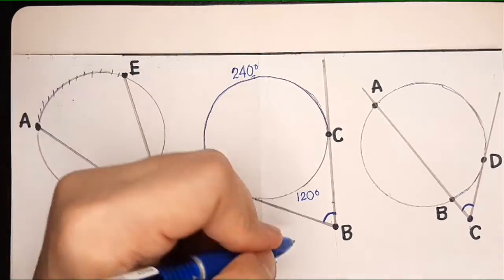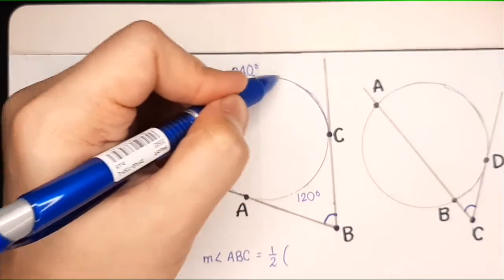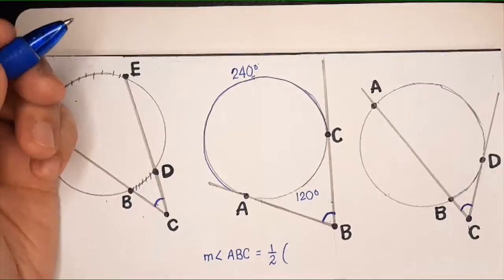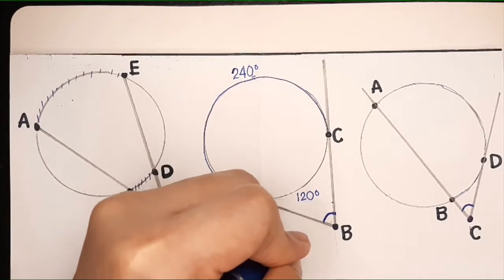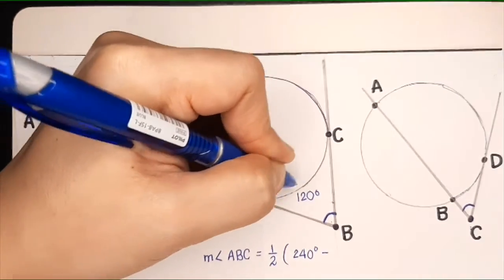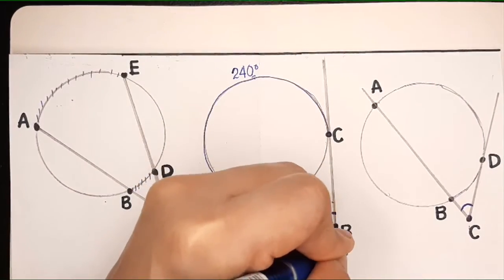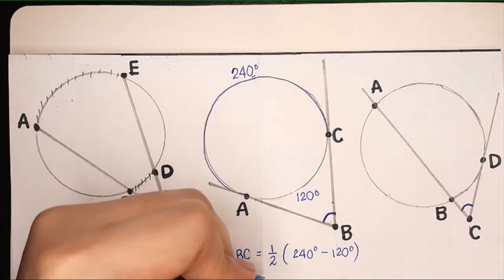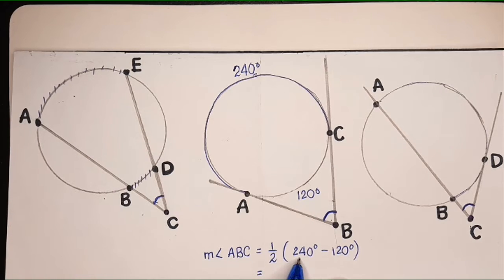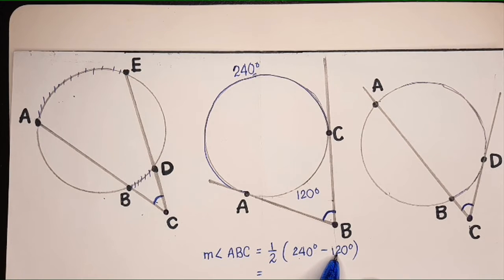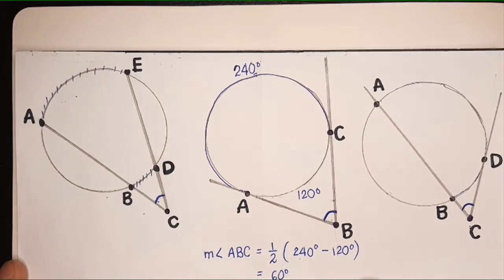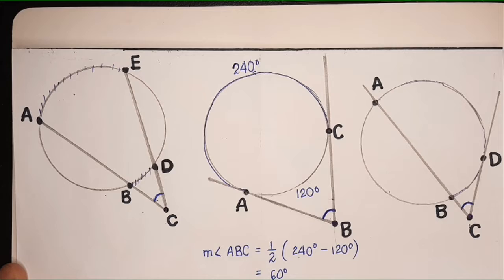Kalahati, half of the difference of this major arc here, the bigger arc, so that is 240 degrees minus the measure of the smaller arc, which is 120 degrees. So, can you do the math? What is the answer? It's 240 minus 120, it's 120 divided by 2. The answer is 60 degrees. Alright, that's how you apply the formula.